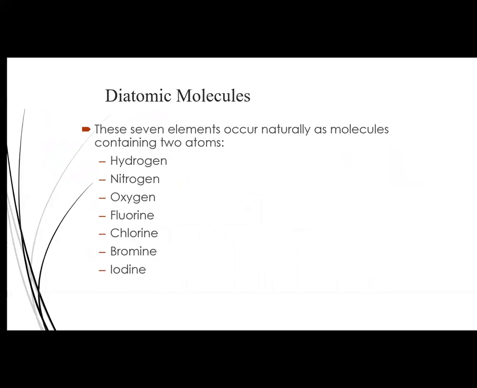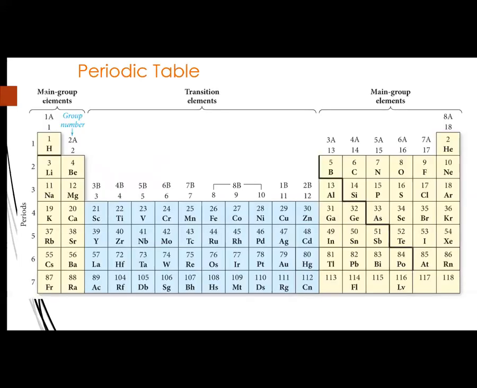Now, for our elements, there are 7 elements where when they naturally occur, they occur as what we call a diatomic molecule. They show up as 2 atoms. That's going to be hydrogen, nitrogen, oxygen, fluorine, chlorine, bromine, and iodine. So if we jump back to our periodic table, we want to make sure that we know how our elements show up. So H, O, F, N, Cl, Br, and I, those all show up as diatomics, H2, N2.